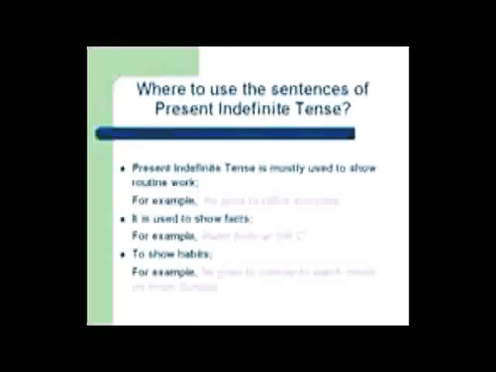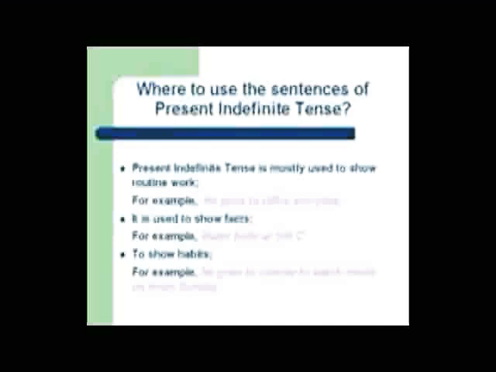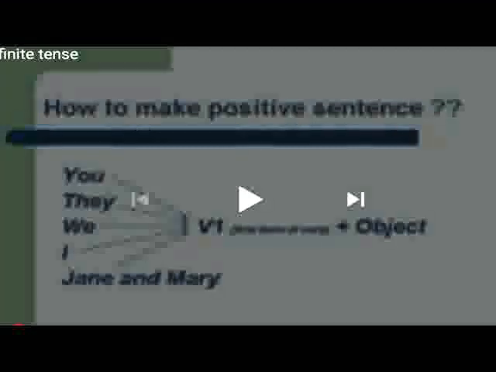Third, to show habit. It means for persons who are habitual to do the work, we use present indefinite tense. For example, he goes to cinema to watch movies on every Sunday. Clear? So how will we make affirmative sentences?